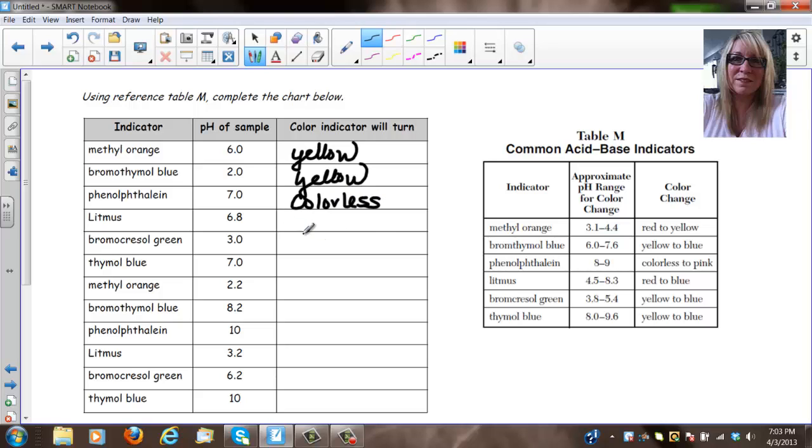Litmus at a pH of 6.8. So this is red to blue, so it's probably going to be in the middle there. It may be purple if it's a universal litmus. Bromcresol green at 3 is going to be less than 3.8, so it's going to be yellow.